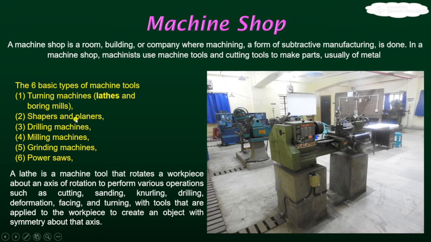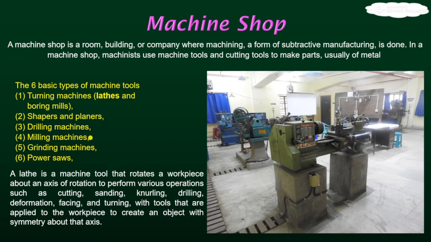Shaper and planer machines: plane surfaces are generated by these machines. Drilling machine: we know that a cylindrical hole is made by this drilling machine. And this is the milling machine. Milling machine means we can cut a slot by this machine.